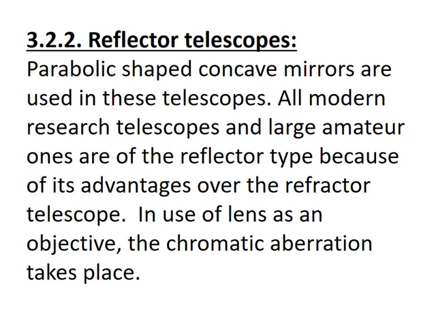3.2.2 reflector telescopes. All modern research telescopes and large amateur ones are of the reflector type. In use of lens as an objective, the chromatic aberration takes place.